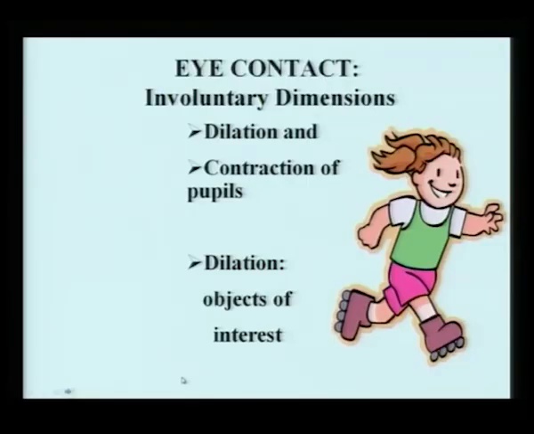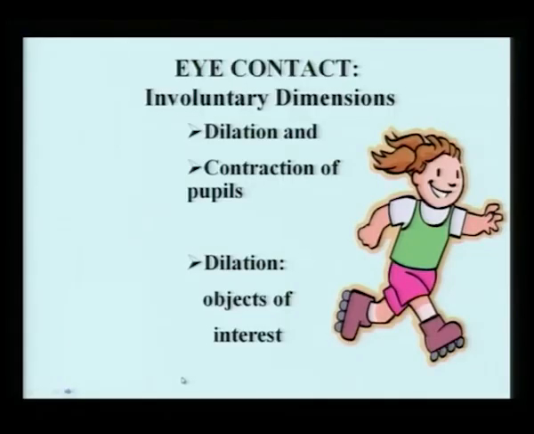Dilation is, you can say, the bulging of the eyeballs in a literal sense, where the eyes seem to become larger in size and protruding, and in contraction of the pupils, the eyes reduce in size and sometimes the eyelids even try to cover them.